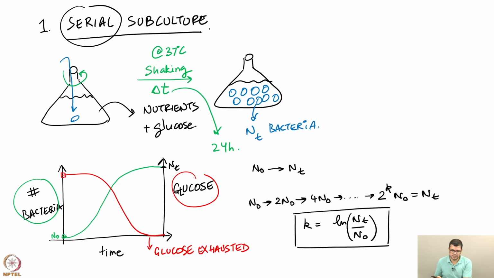And what we do at this point is, let us imagine that this volume is V. I take a very small volume, let us say small v, which is typically V by 1000.